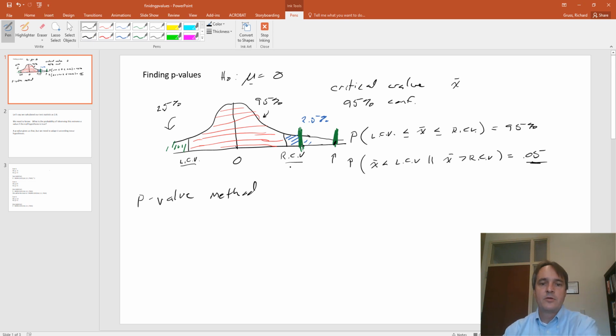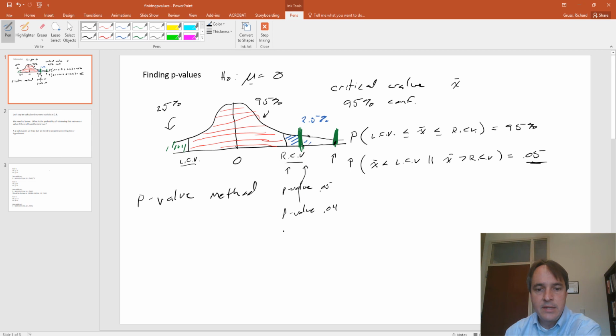So this would be a p-value. The probability of observing something out here would have been only 0.05. This would have been, say, this one. The p-value for this one has a smaller probability, so that we might be able to say that was only 0.04.